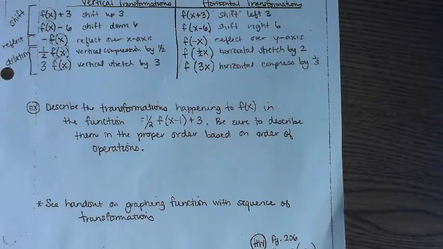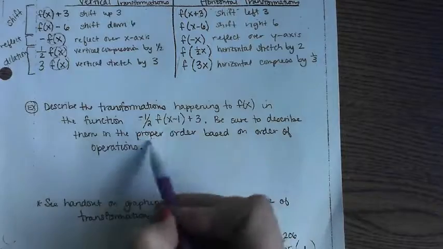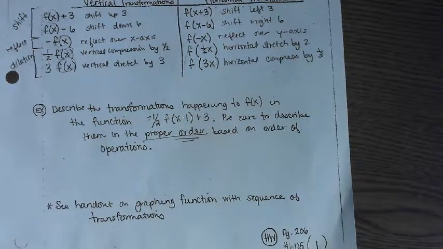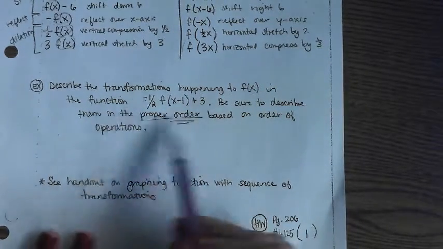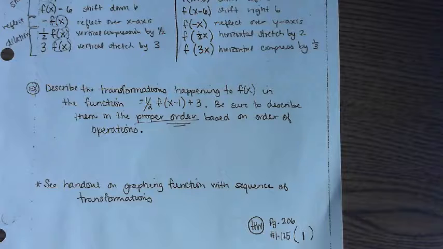Describe the transformations happening, so this is all old news. Let's talk about the order. Okay? What kind of logic, Taylor, we'll use you, do you think through in order to decide what transformation would happen first? Oh, you lost your voice. Oh, then we're going to call on Maria. You work from the inside out.